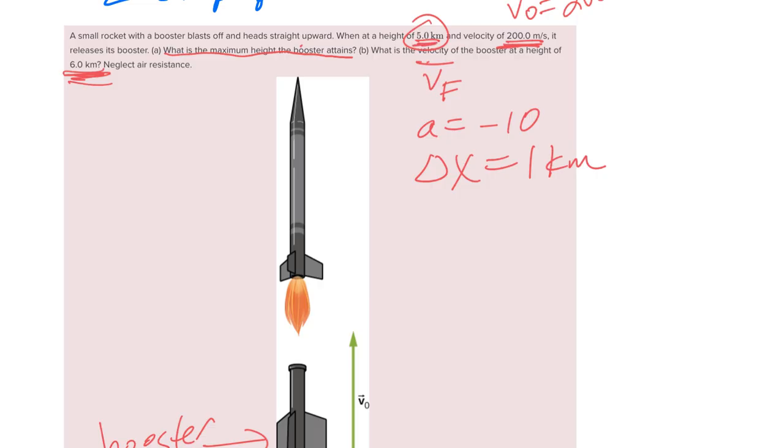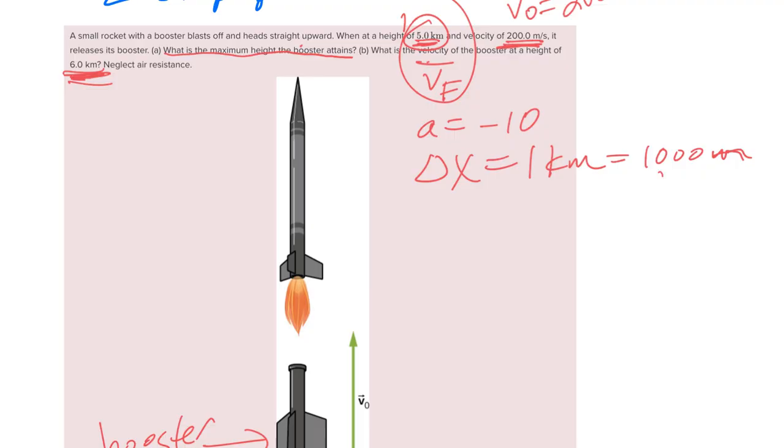So really, the distance of the trip that it traveled, delta x, is 1 kilometer upwards. And I don't like kilometers. I've got to change that to meters, and a kilo means 1,000. We don't even need that.